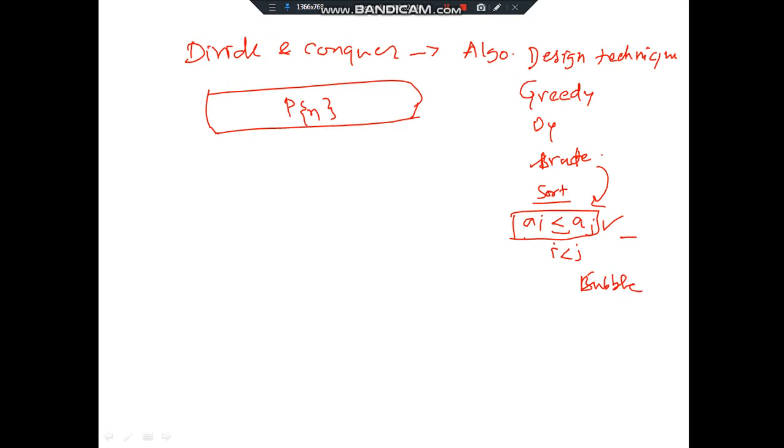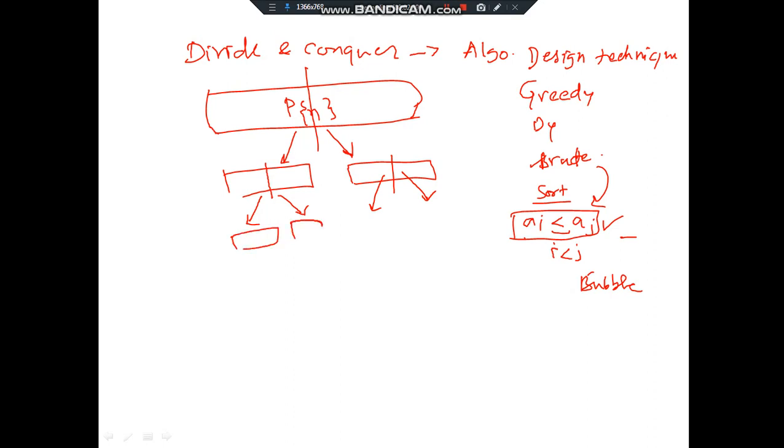In divide and conquer, we try to divide the problem into smaller subproblems, and we try to solve these smaller subproblems. If they can be directly solved, we will solve them. Otherwise, if we find that these smaller subproblems are again very difficult to solve, we divide them into smaller subproblems. For example, these two subproblems we further divide into 4 subproblems, let us say 1, 2, 3 and 4.